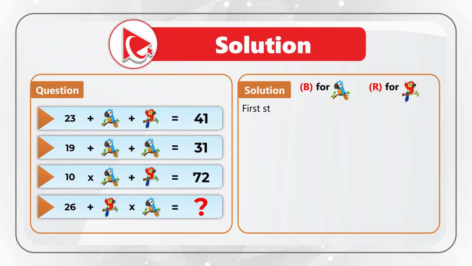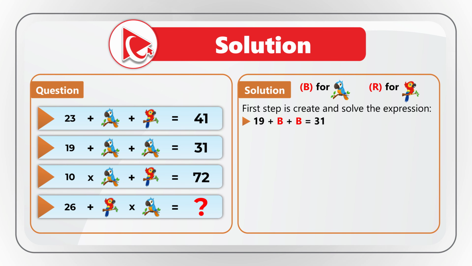So the first step here is to create and solve an expression. And the easiest one to solve is the second expression with the blue parrot. 19 plus B equals 31, which means that B equals 31 minus 19, which equals 12.